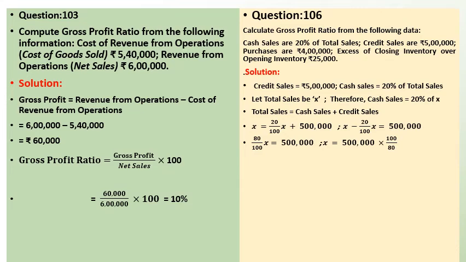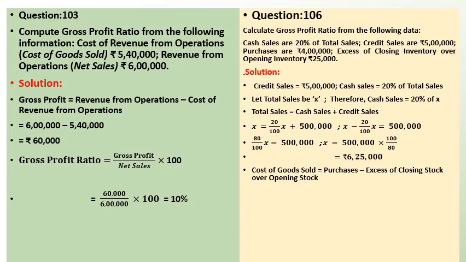So credit sale is 80% of x, that is 5 lakhs, so x equals 5 lakhs into 100 by 80. So we have x, that is your total sale, equal to 6 lakhs 25,000.